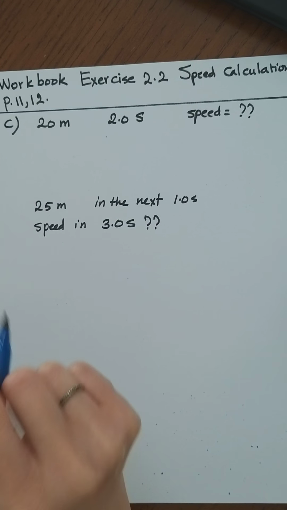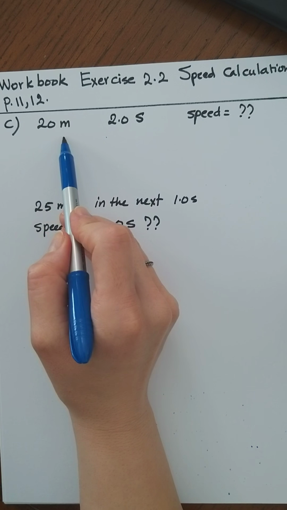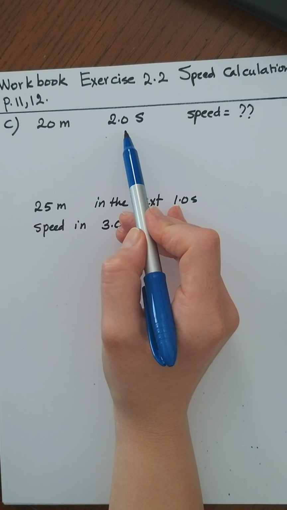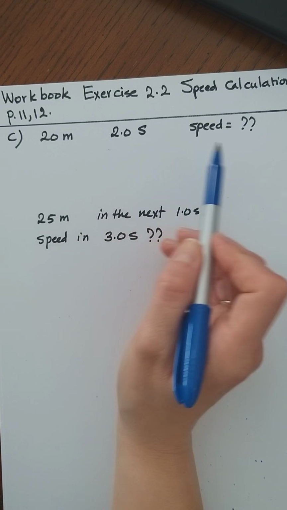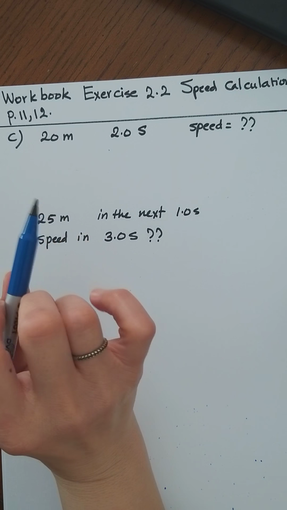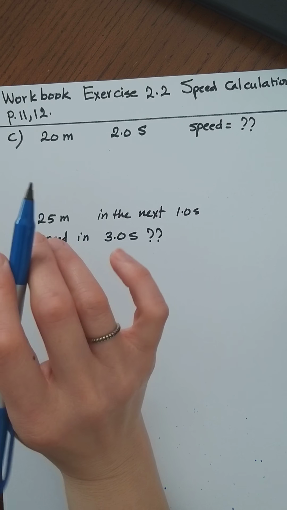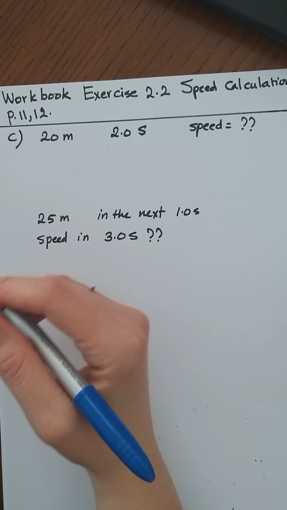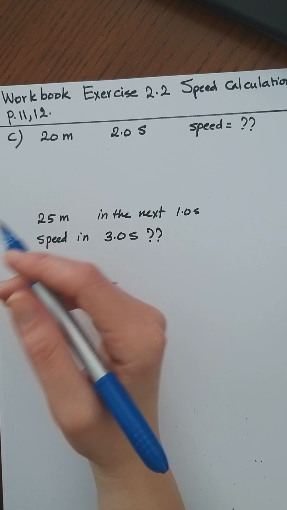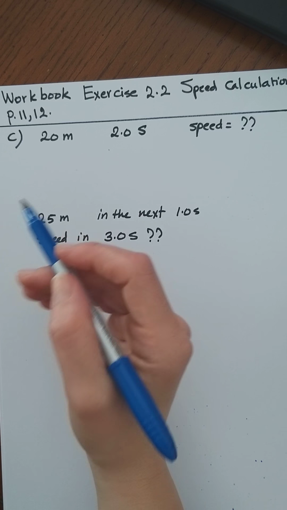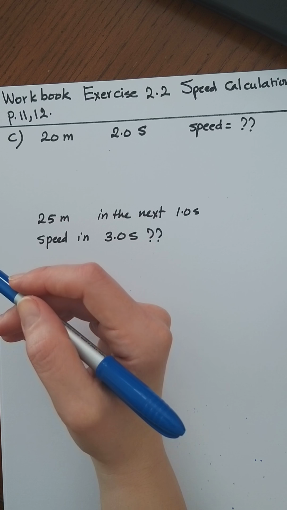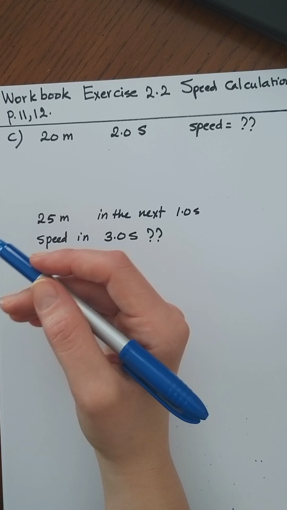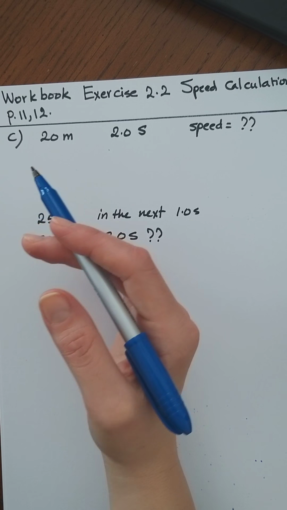C. A stone falls 20 meters in 2 seconds. Calculate its average speed as it falls. So now I want you to imagine a stone falling from a height. Is the speed of the stone the same or is it changing? So this exercise will show us that as the stone falls, the speed every second changes.